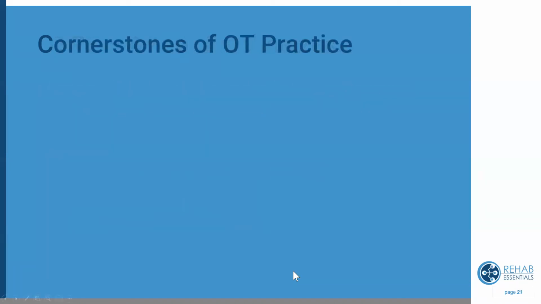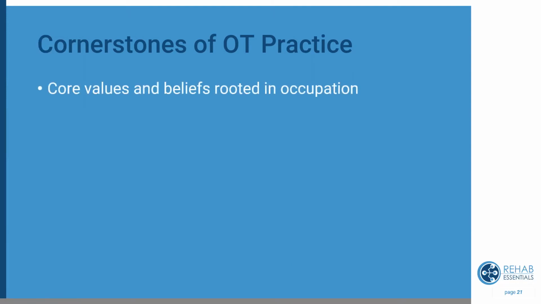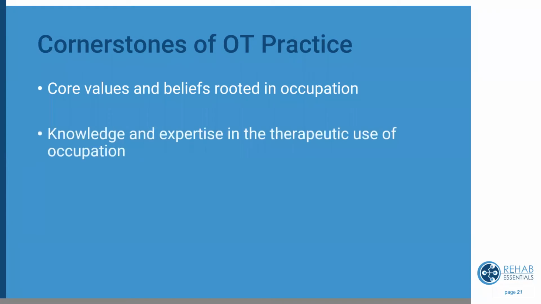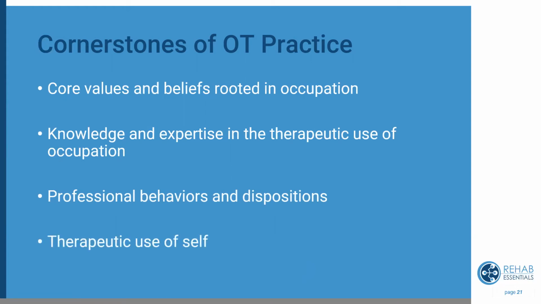In terms of the cornerstones of OT practice, there are 4 cornerstones, starting with the core values and beliefs rooted in occupation, the knowledge and expertise in the therapeutic use of occupation, and the professional behaviors and dispositions, and finally, therapeutic use of self. Cornerstones are thought to be foundational to the success of occupational therapy.